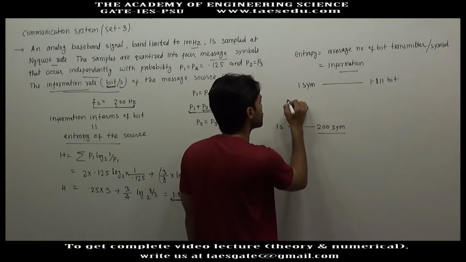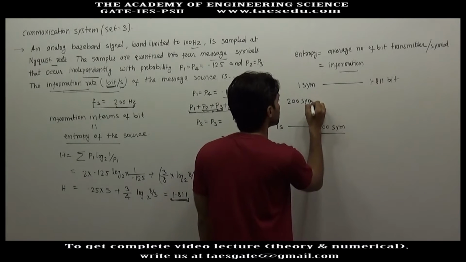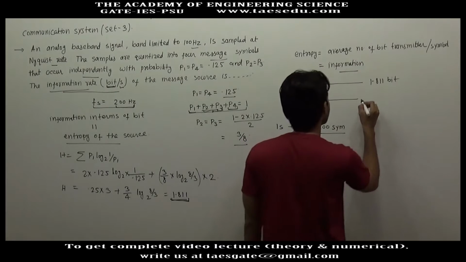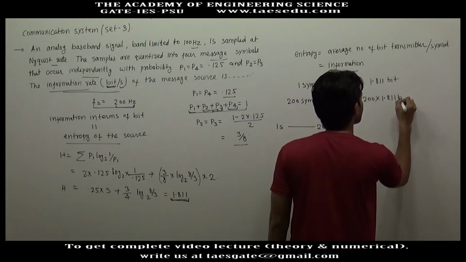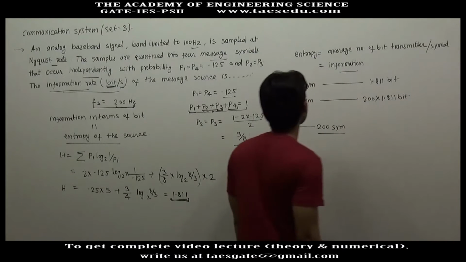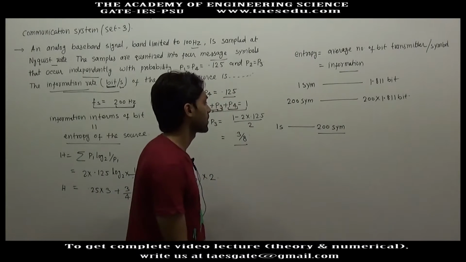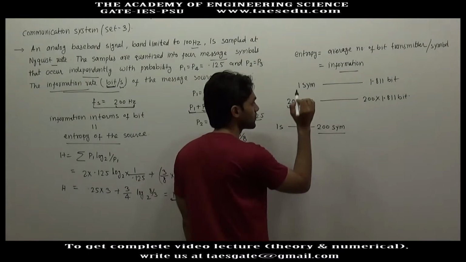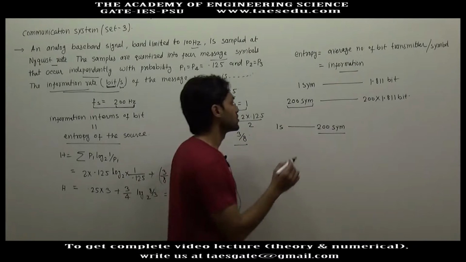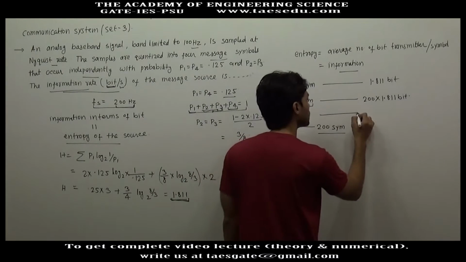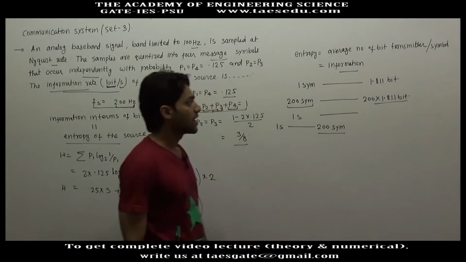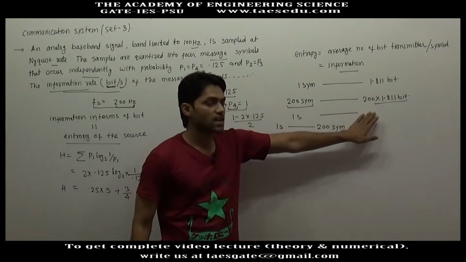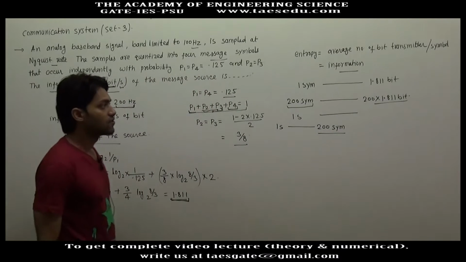So 200 symbols will be represented by 200 times 1.811 bits, and these 200 symbols are generated in 1 second. So in 1 second, on average, 200 times 1.811 bits have to be transmitted.